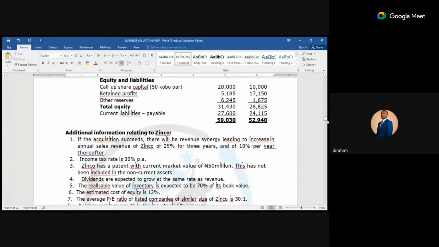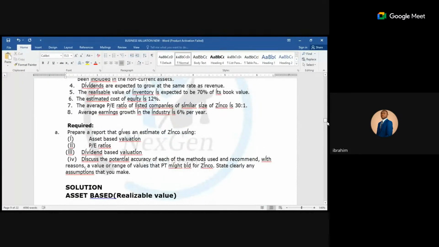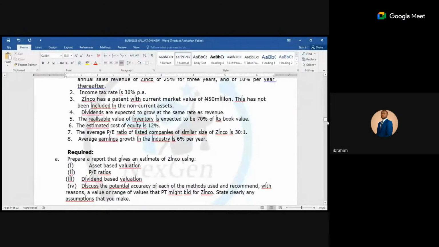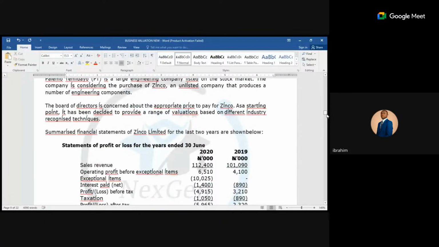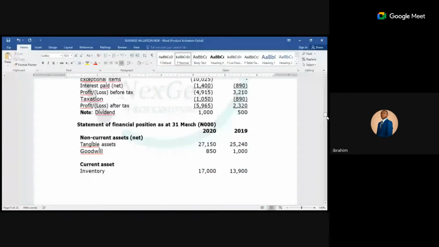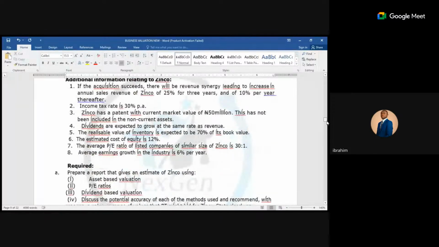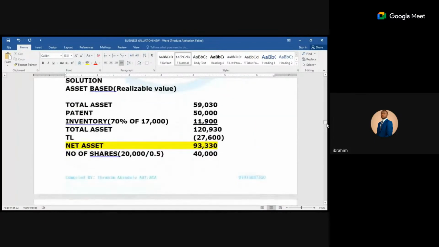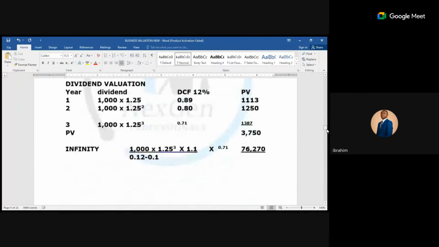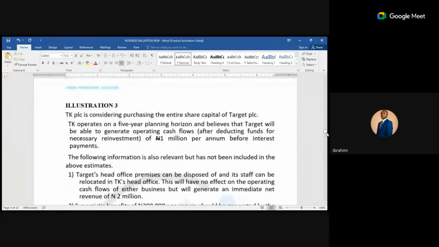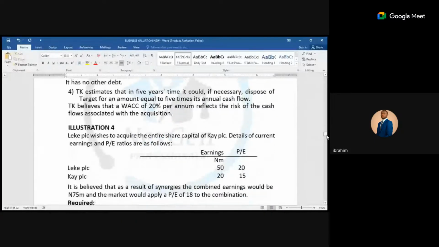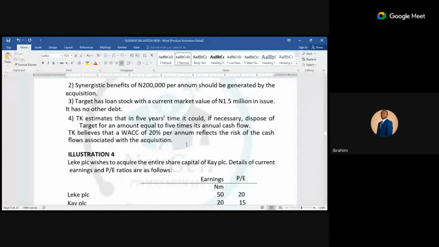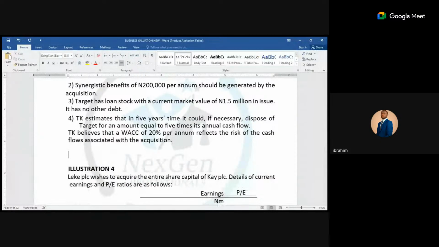So when we come back, we'll solve this illustration 2. Let's check on this illustration 2, illustration 3.